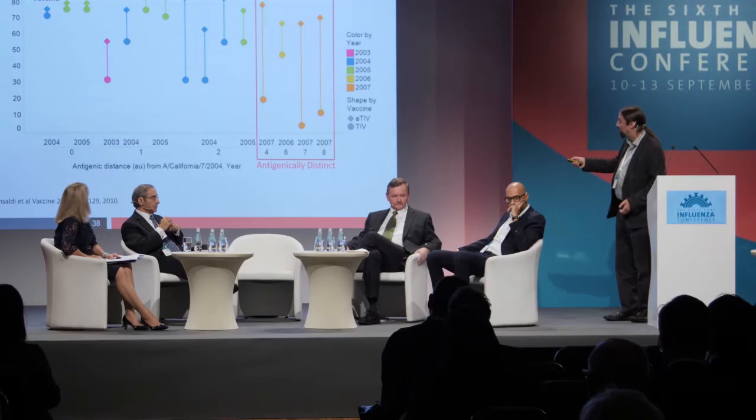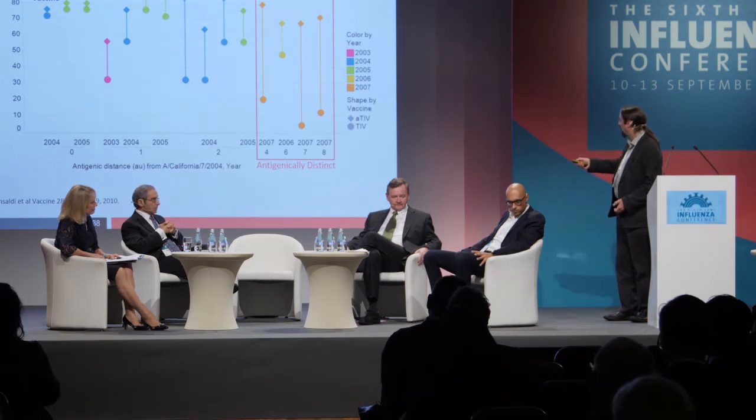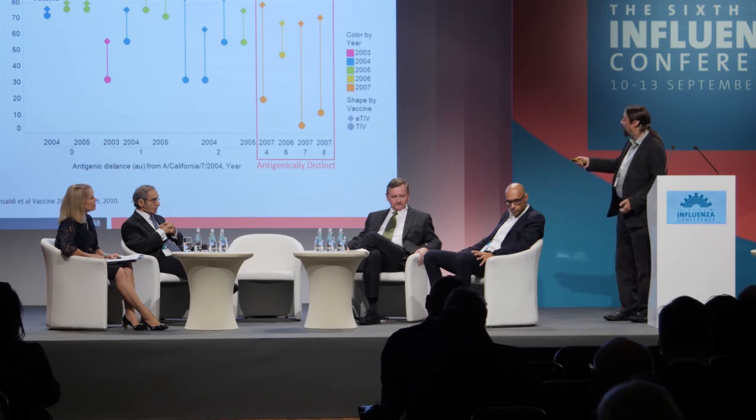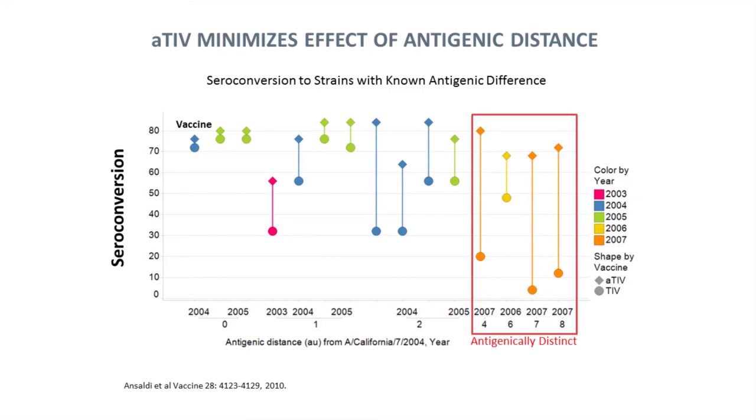We have around the same level of seroconversion in both the elderly and the young people. But as we compare the antibody response against strains drifted from the previous strain, 2003, we start to see a gap in the case of the non-adjuvanted vaccine, and you get much better breadth with the adjuvanted vaccine.